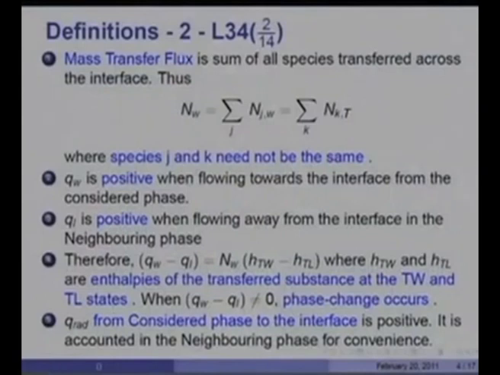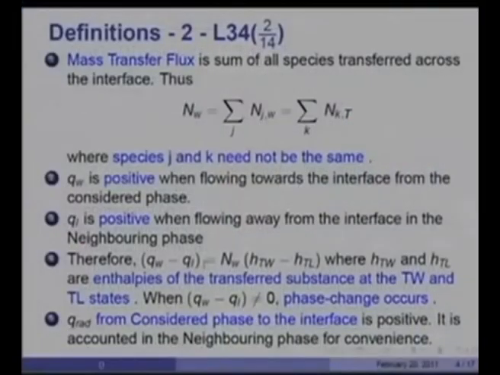So, suffix TW and TL are different from suffix W itself. Suffix W refers to the mixture enthalpy, whereas suffix TW refers to the transferred substance enthalpy, both in the W and L states. That is just inside the considered phase and inside the transferred substance phase.